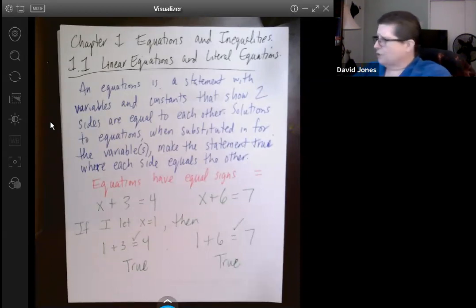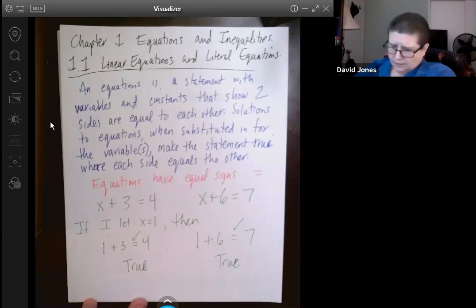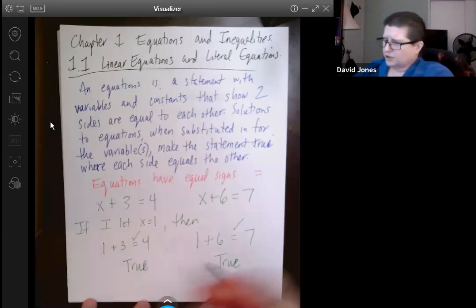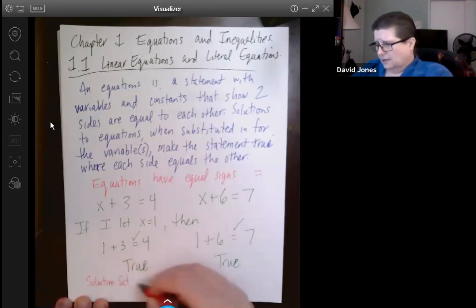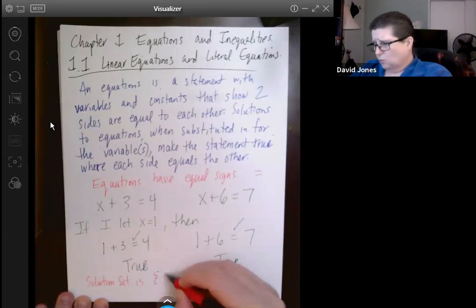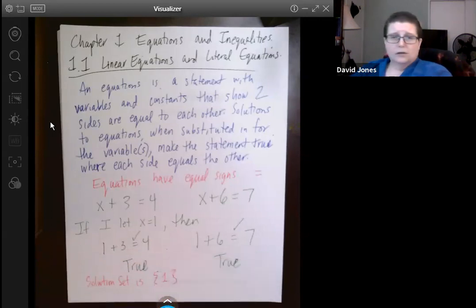So the proper notation: the solution set is curly braces, 1.